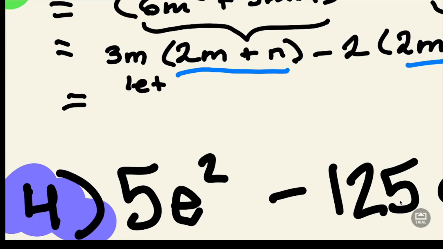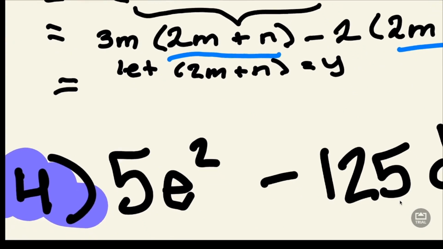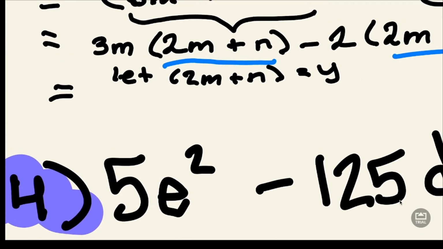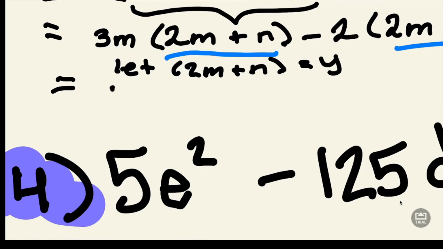We're going to let 2m plus n equal y, just for now. So then we're left with 3my minus 2y.